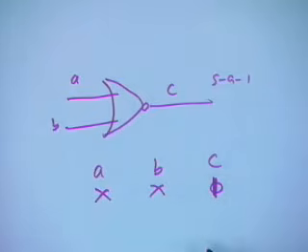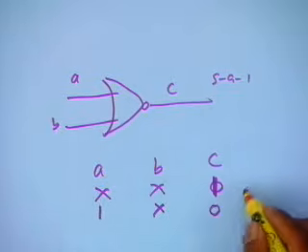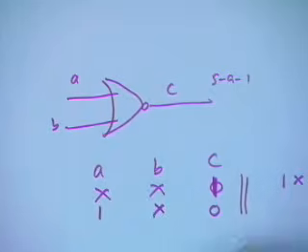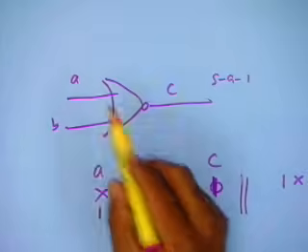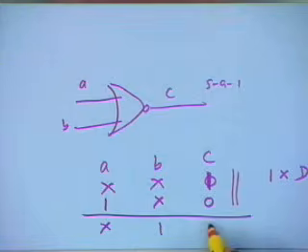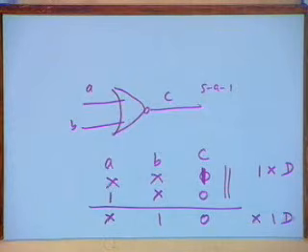Now I have to generate a 0 over here, so I can do 1 cross 0. This will give me a PDCF of 1 cross D, because if I have this input 1, the output is going to be 0. Similarly, I could have chosen this one also, cross 1 0, and this would have given me cross 1 D. It does not really matter, you can write D or D prime.